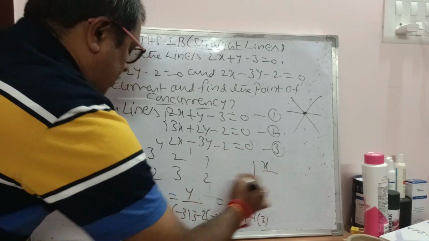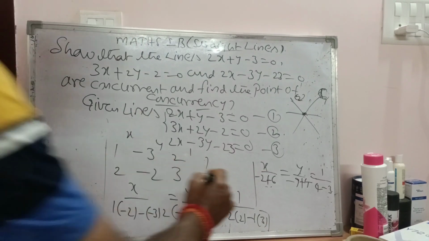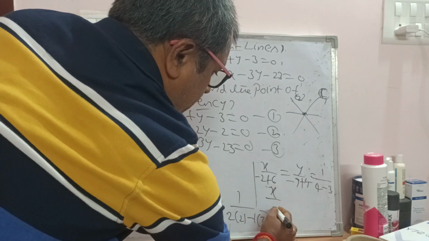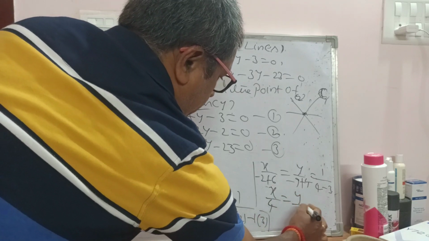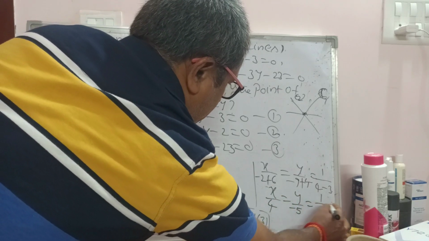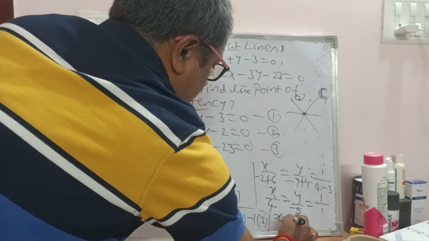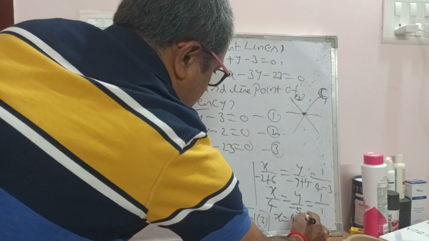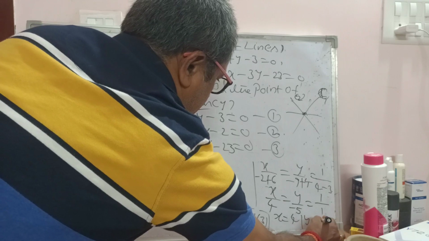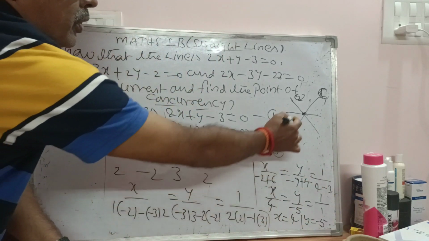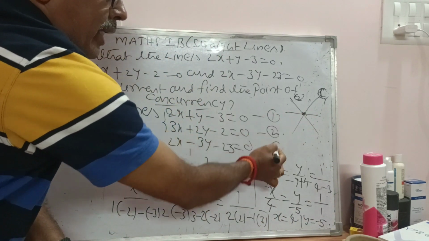Therefore, x by minus 2 plus 6, 4, is equal to y by minus 5 is equal to 1 by 1. Therefore, x is equal to 4 by 1, 4. Y is equal to minus 5 by 1, minus 5. Therefore, (4, minus 5) is the point where these two lines meet.